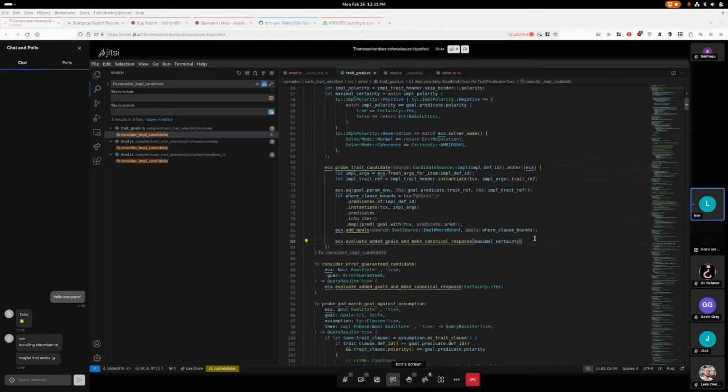And we don't want this candidate to infect other candidates, so each candidate is evaluated in its own probe. Where a probe is just the same as an inference context probe. Once we leave it, all of the inference constraints get discarded.